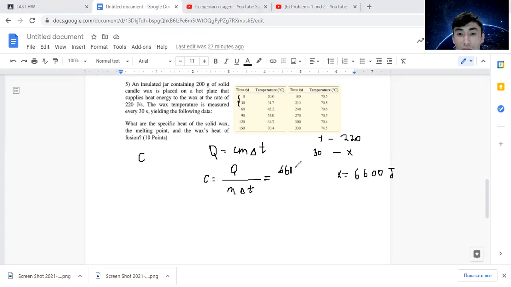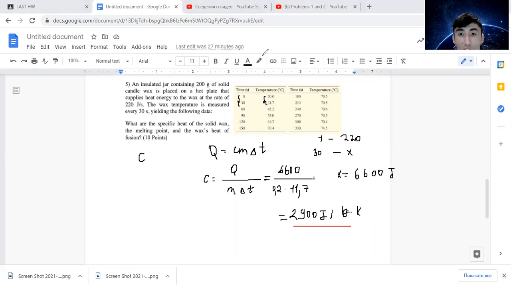So let's write it here. Mass is equal to 200 gram, which is 0.2 kilogram, times delta T, the change of the temperature, which is 11.7. This is approximately 2,900 joule per kilogram Kelvin. Right? So now we found the first answer.